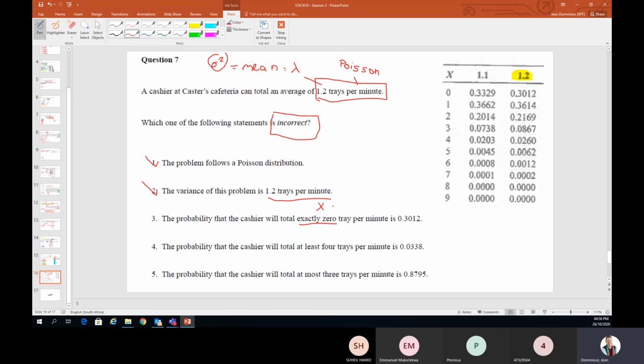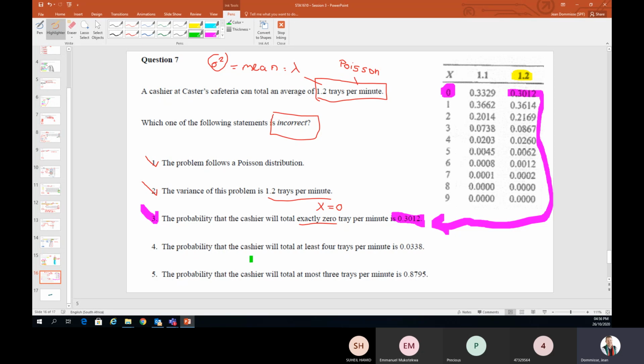Okay, so x is exactly 0, where it is just 0, so that is right. So no problem with that.